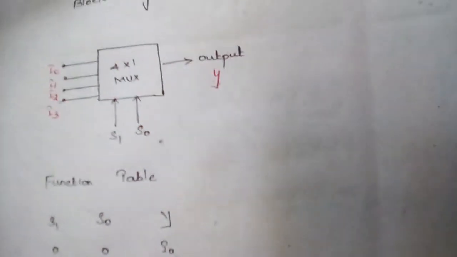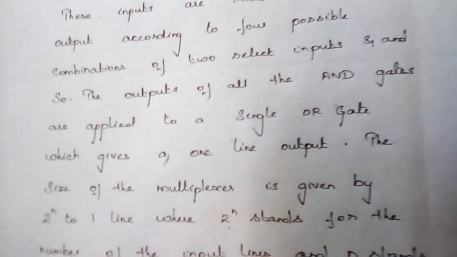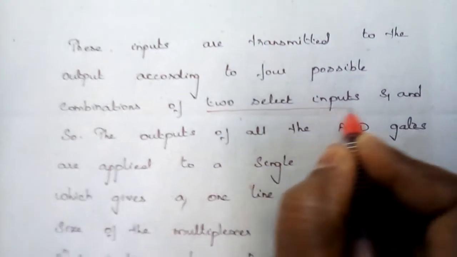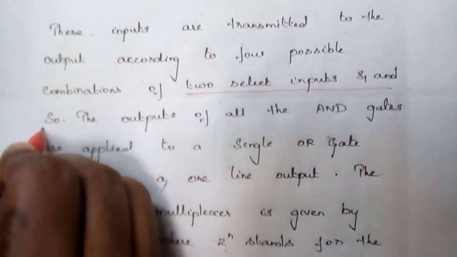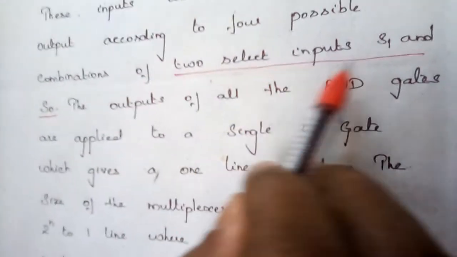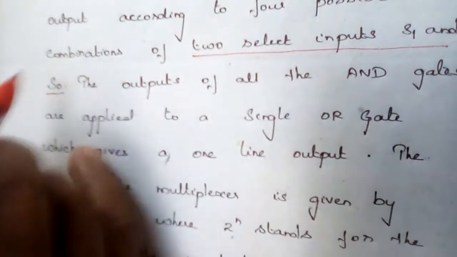Okay, and coming to the next case, these inputs are transmitted to the output according to the four possible combinations of two select inputs S1 and S0. So as said earlier, the inputs are I0, I1, I2, I3, and these inputs are selected according to the select inputs of the data selector S1 and S0.